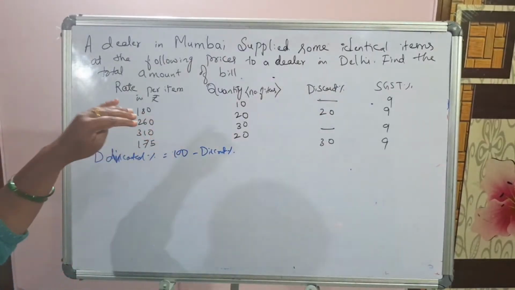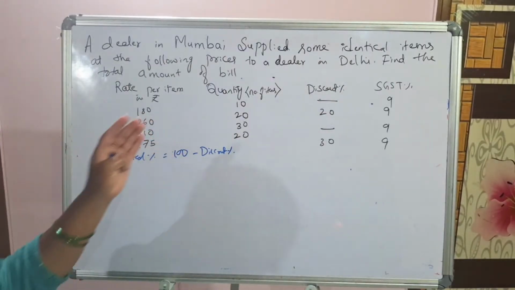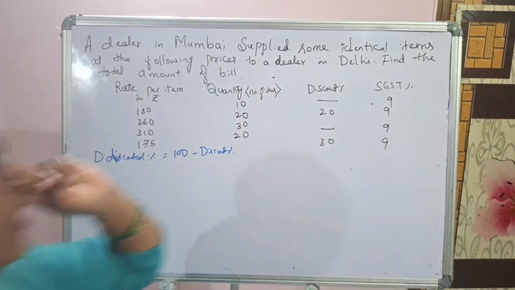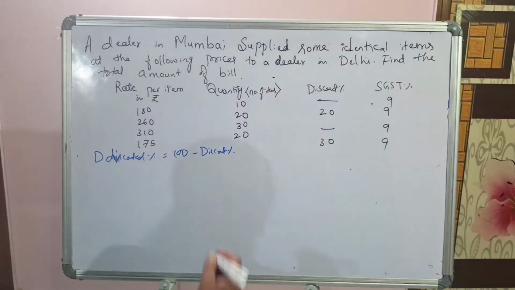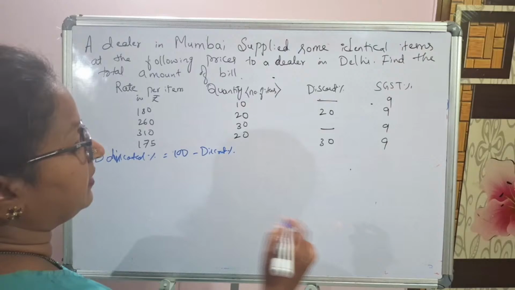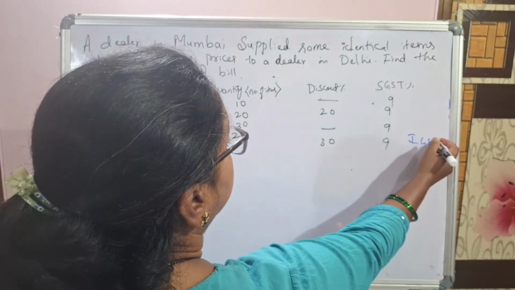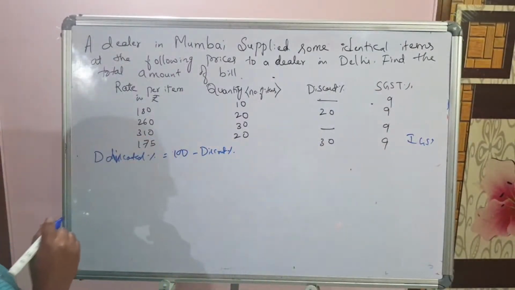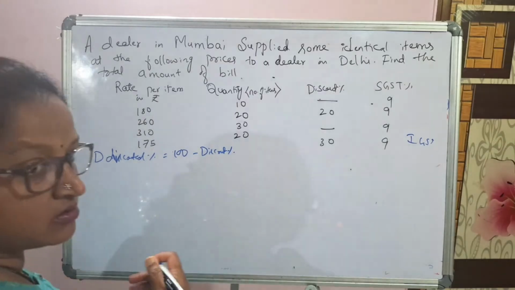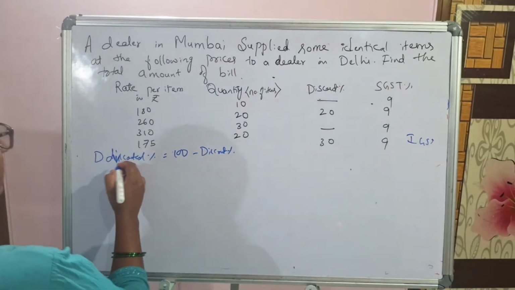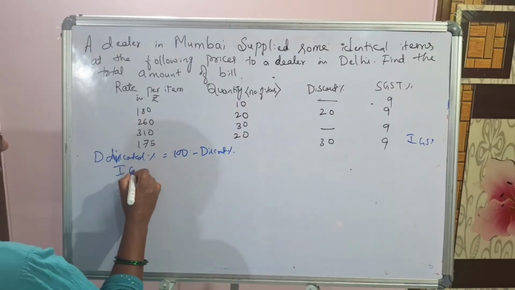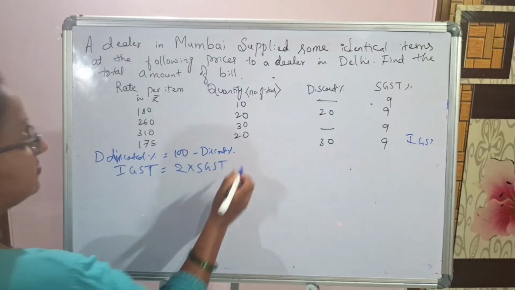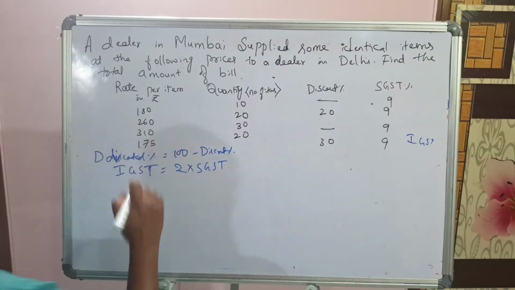That means it is an interstate transaction, that is, the transaction goes between two different states. So SGST is not applicable. The only tax applicable is IGST. Here they have given the SGST percent, so IGST is equal to 2 into SGST.